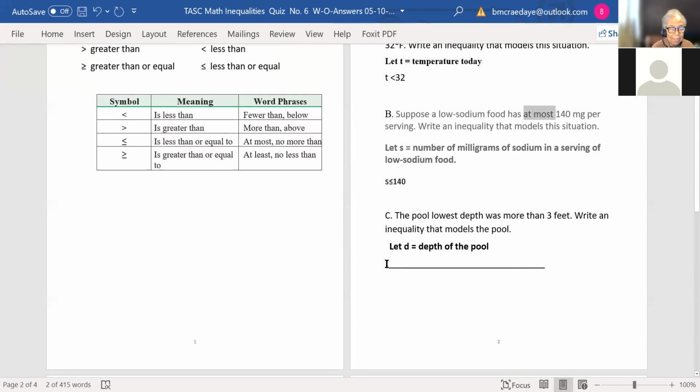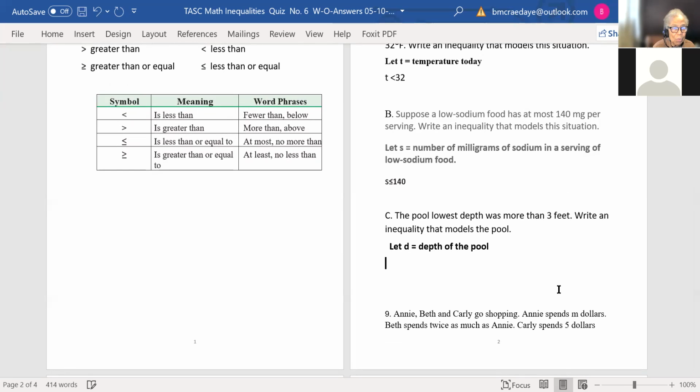Another one we want to write the inequality for. The pool's lowest depth was more than 3 feet. Write an inequality that models the pool. What is it, Maureen? Let D be the depth of the pool. It would be greater than 3 feet.